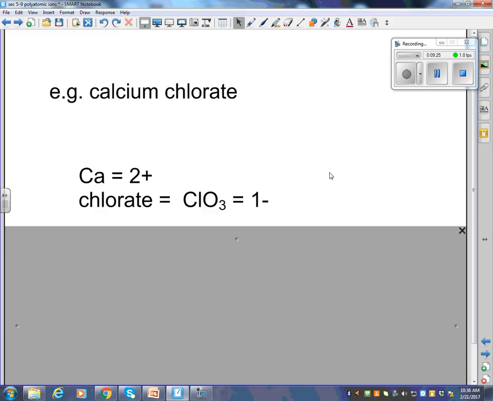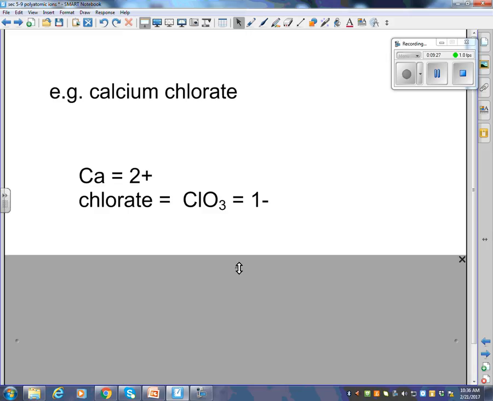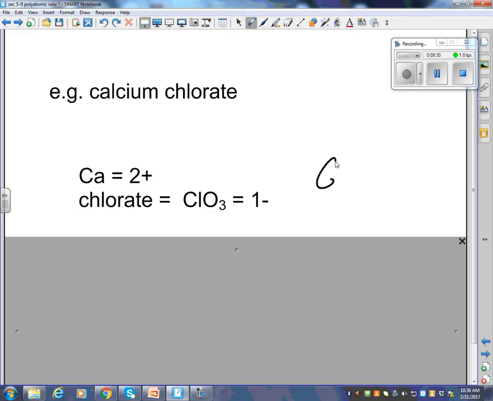So when you crisscross them, Ca, ClO3, 2 positive, 1 negative, cross. Now, what does this ClO3 2 mean? That means 2 ClO3s. So we're going to write it like that.